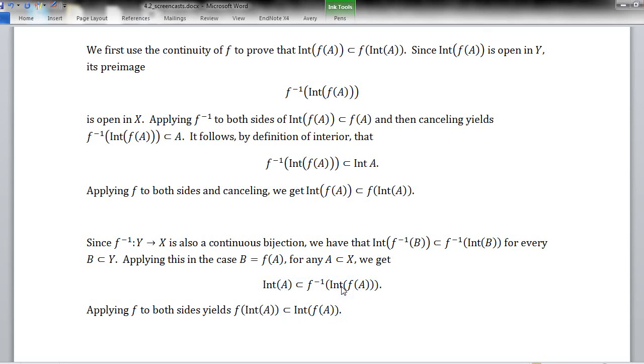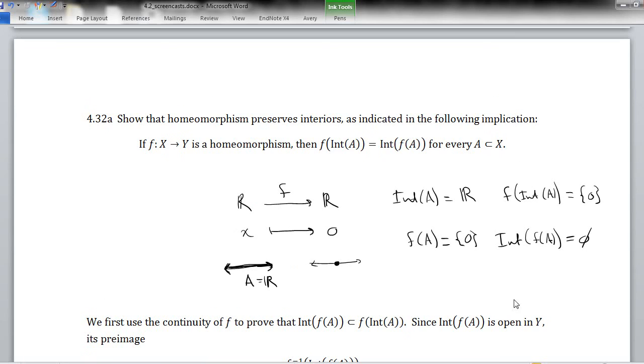So we're done. We've shown that the interior of f of A is contained in f of the interior of A, and vice versa. Therefore, those two sets are equal in the case when f is a homeomorphism.